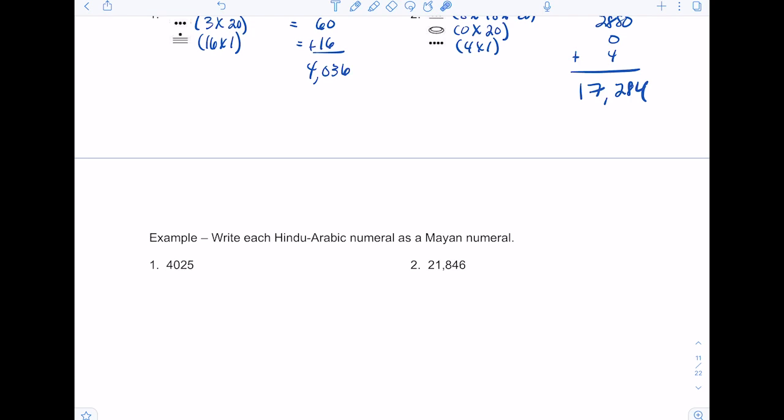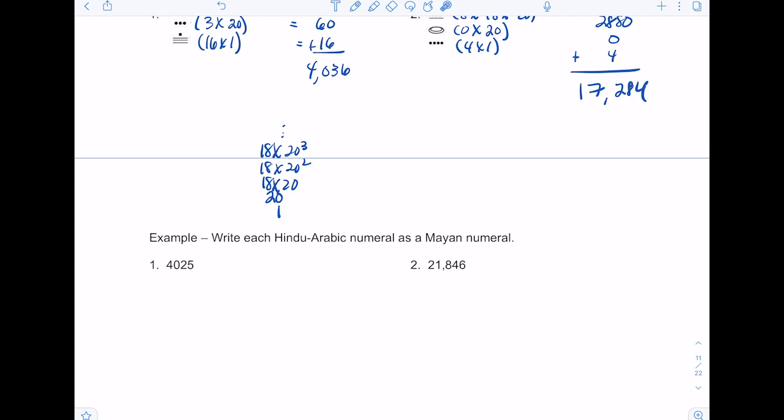So remember, starting at the bottom, if you think of it as 1, and then 20, 18 times 20, 18 times 20 squared, 18 times 20 to the third, and so on. So I'm going to figure out which of those will divide into 4,025 without going over, okay?